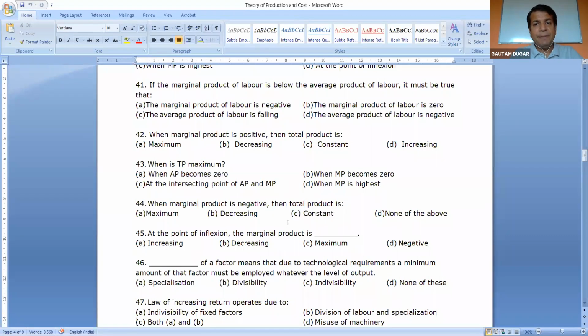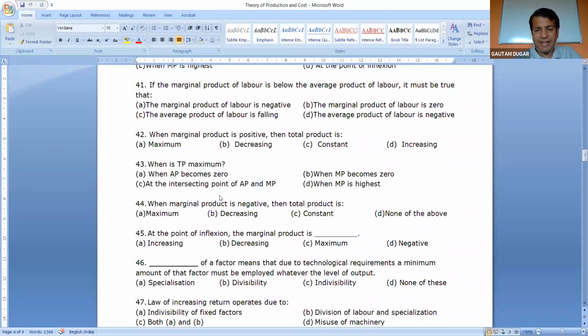42. When MP is positive, then total product is... yes, the answer is correct. Increasing. The total product is increasing. That's a good answer. 43.